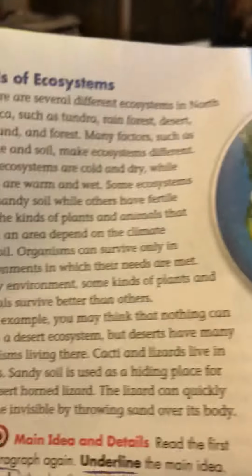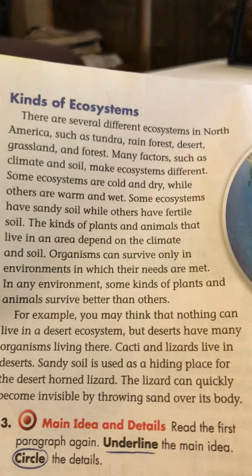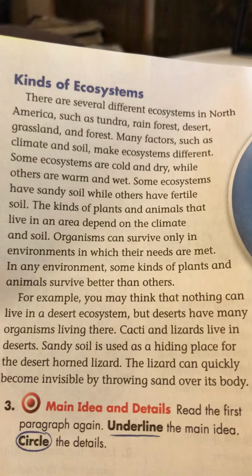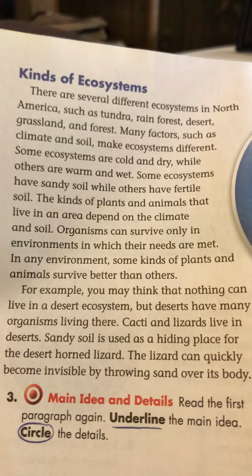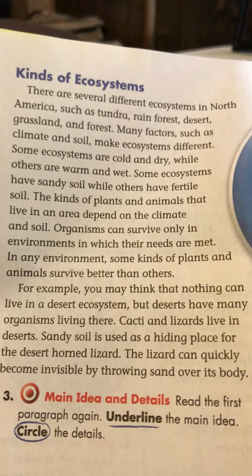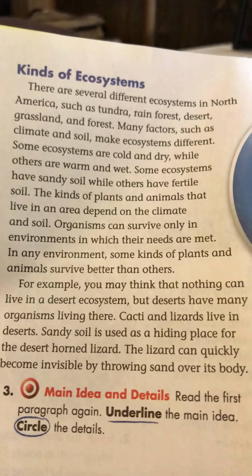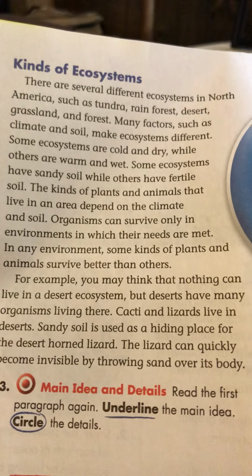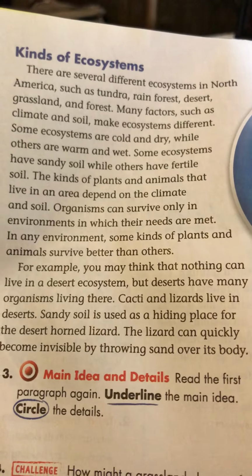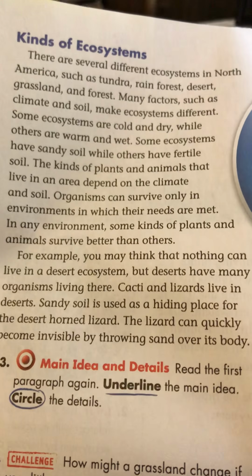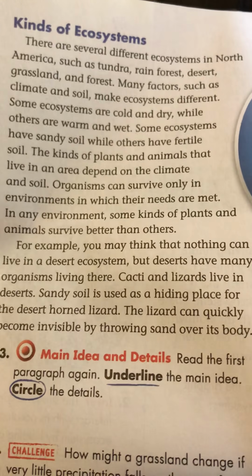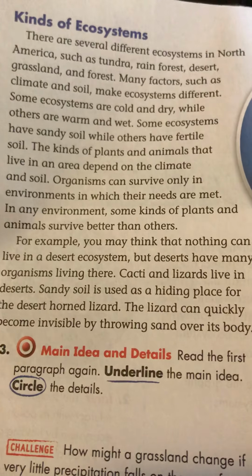Kinds of ecosystems. There are several different ecosystems in North America, such as tundra, rainforest, desert, grassland, and forest. Many factors, such as climate and soil, make ecosystems different. Some ecosystems are cold and dry, while others are warm and wet.